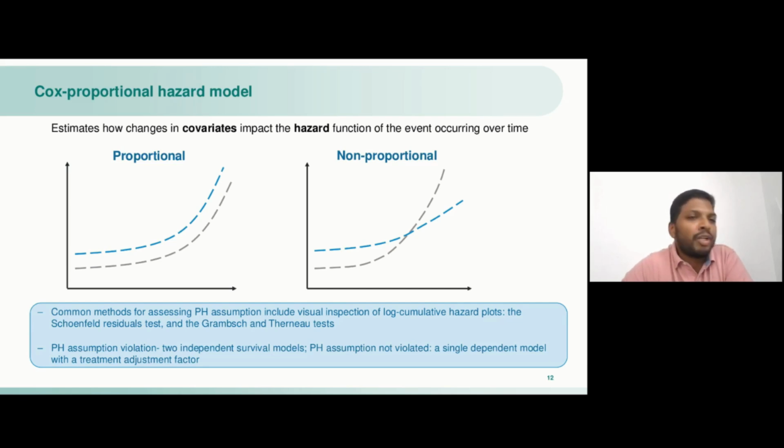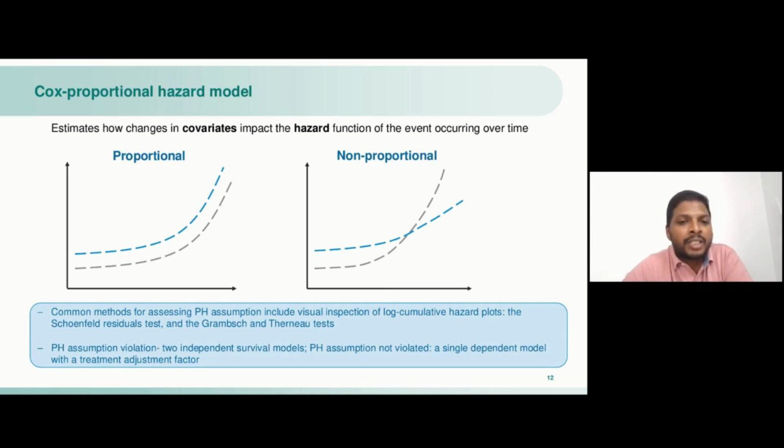So this involves using regression type models, and a good example is the Cox proportional hazard model. The key assumption of the Cox model is that hazard ratios do not cross over time and are parallel over time.